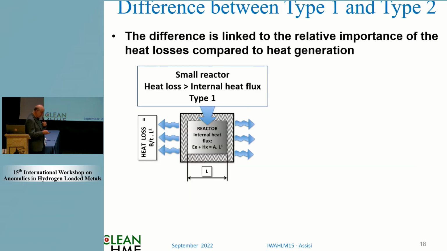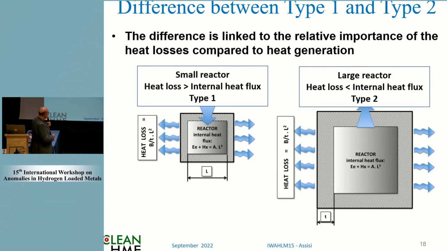And what is the difference between a type 1 and a type 2? Mainly, this is the size of the reactor. If you have a small reactor, you have a large surface compared to the internal volume, and you have large losses. Now, if you have a larger reactor, you produce so much heat that the heat losses are not sufficient to cool. You need to cool it additionally, and this is what you want to do.